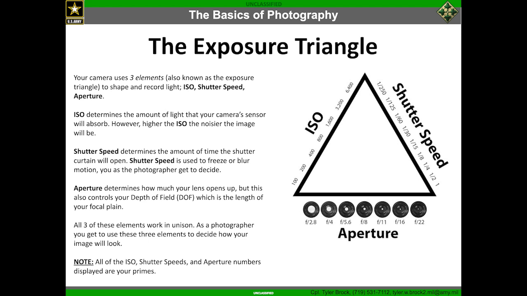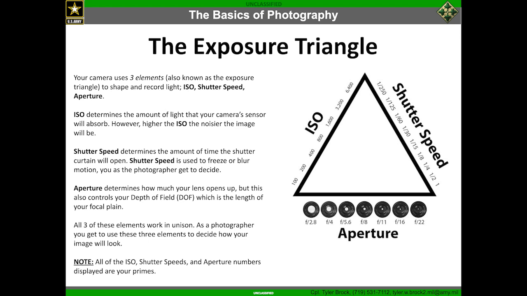And by noise, I mean graininess in your image, and it doesn't look great, but sometimes you just can't get around it, and you have to. But understanding the higher the number is, the more sensitive your sensor will be for letting in that light onto the sensor.